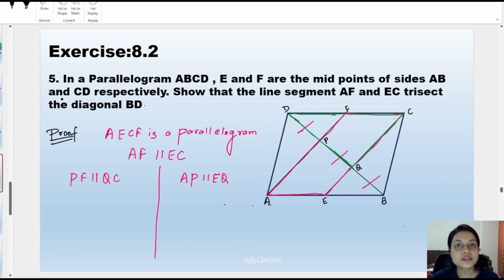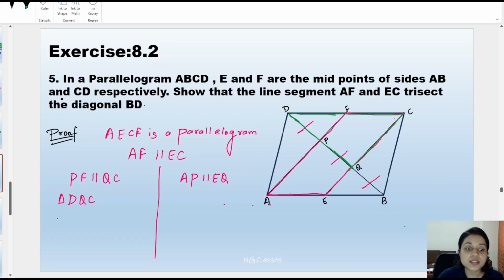Now let's focus on triangle DQC. In triangle DQC, F is the midpoint of side DC, and we also know that PF is parallel to side QC. Here we can use the previous theorem, which says a line drawn through the midpoint of one side of a triangle parallel to another side must bisect the third side.